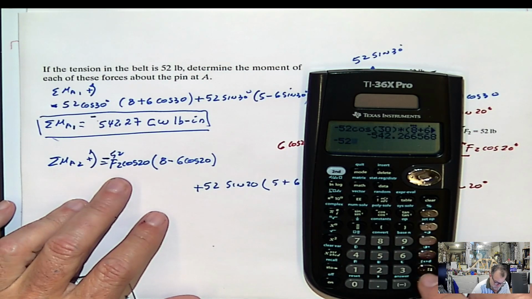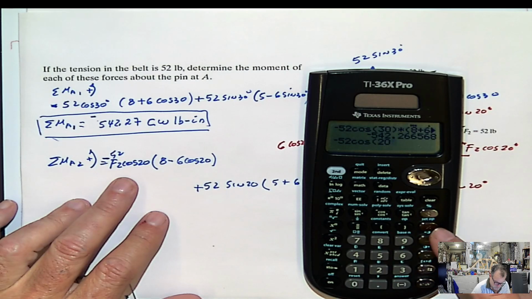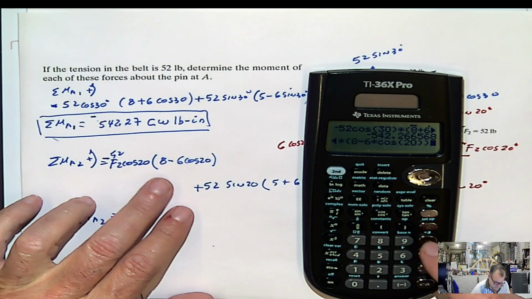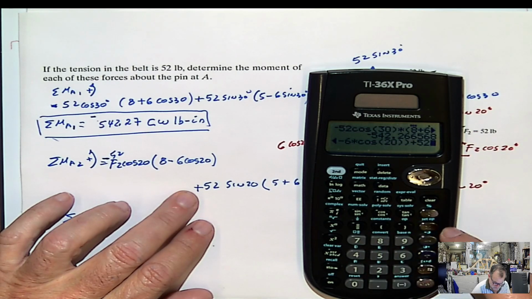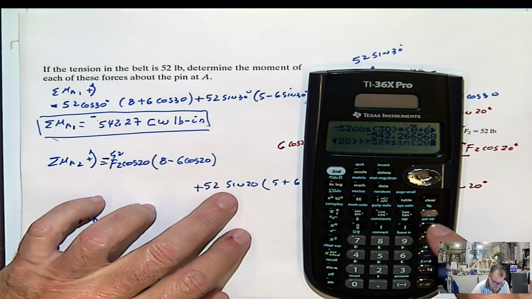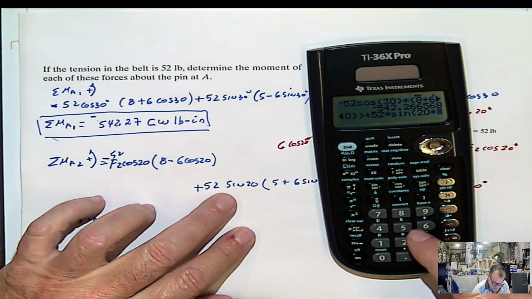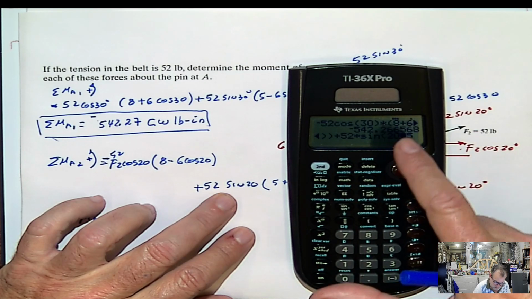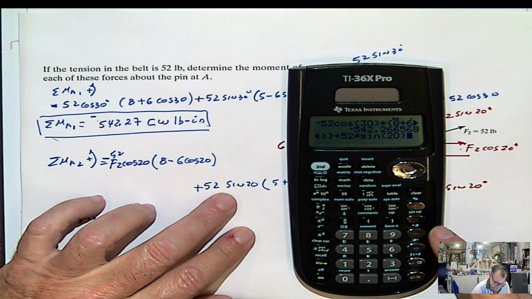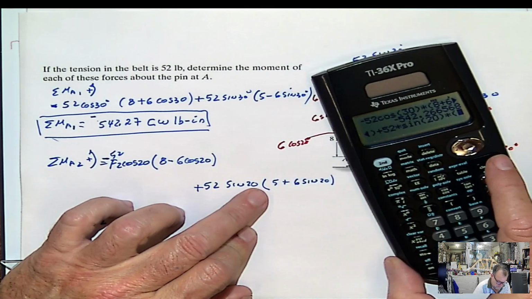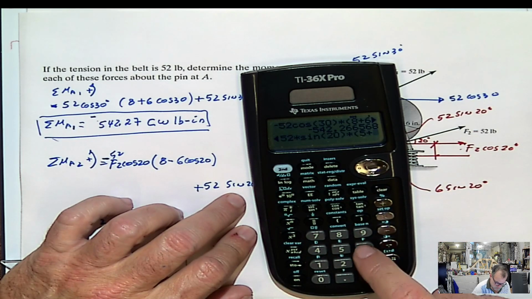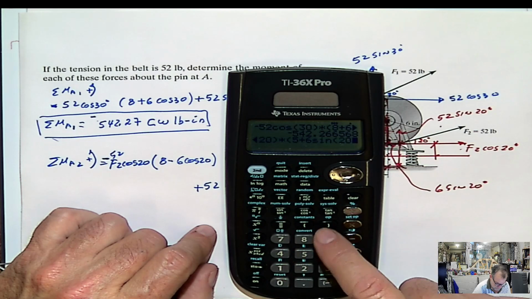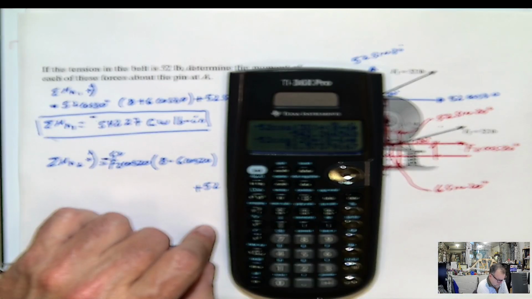So 52 cosine 20 multiplied by 8 minus 6 times cosine 20 plus 52 times sine 20 multiplied by 5 plus 6 times sine 20. And that would be something weird.